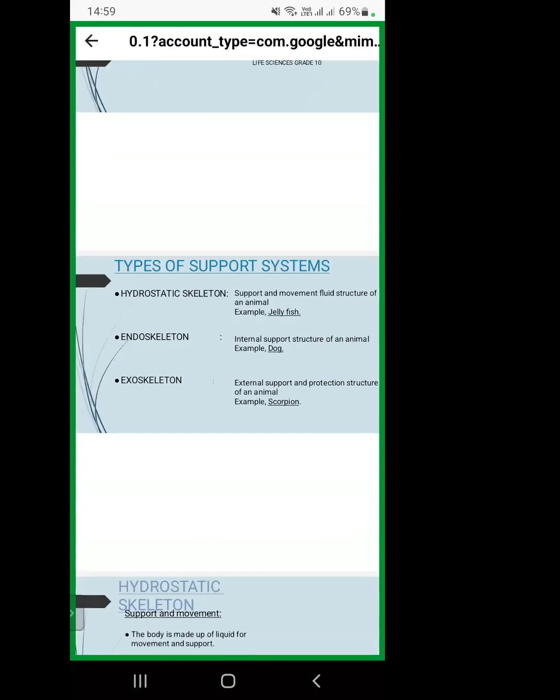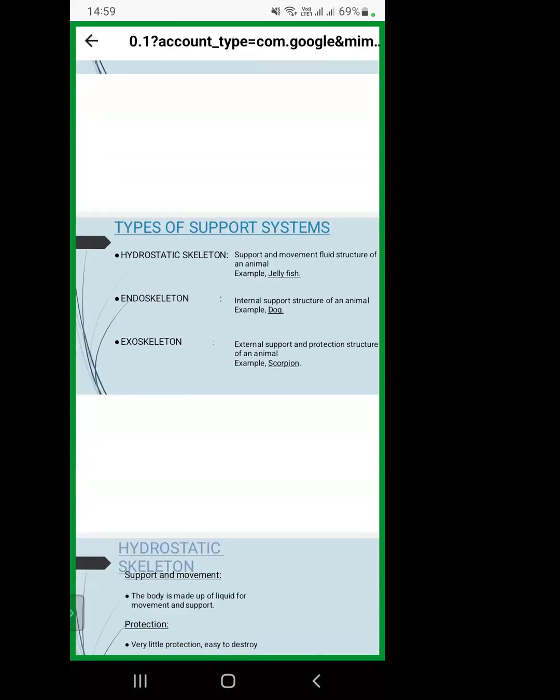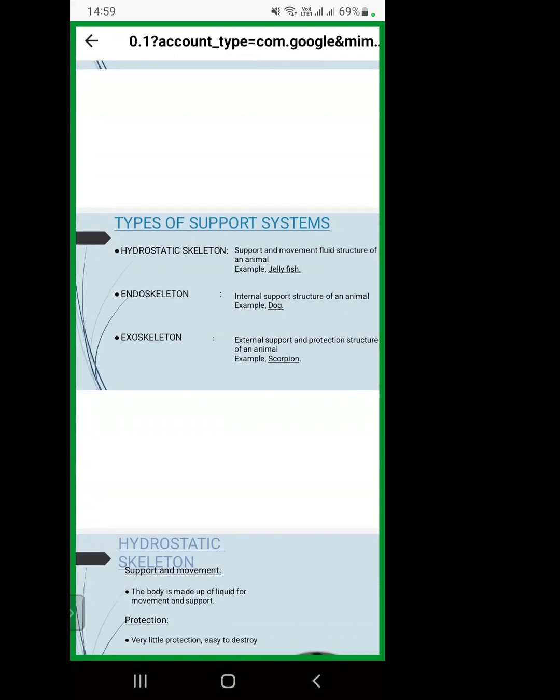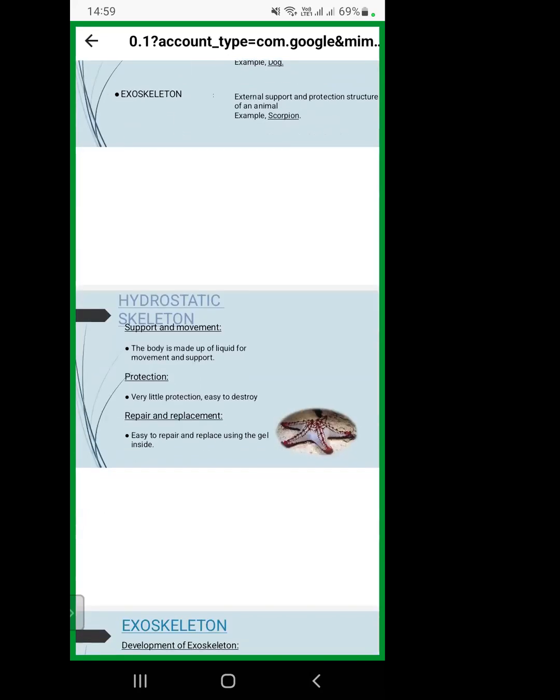So now, as I said, hydrostatic skeletons have a fluid or gel-like fluid inside of them. With an exoskeleton, as I said, an example is a scorpion. Now, with an endoskeleton, just like a pig, a mouse, myself, the structure is on the inside, beneath the flesh, not on the outside as with a scorpion.